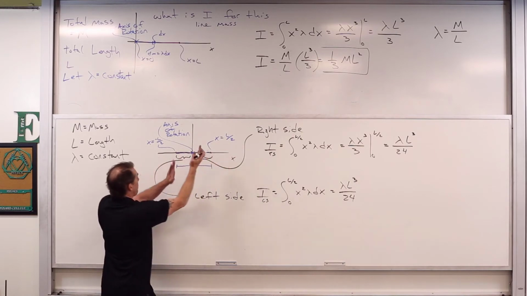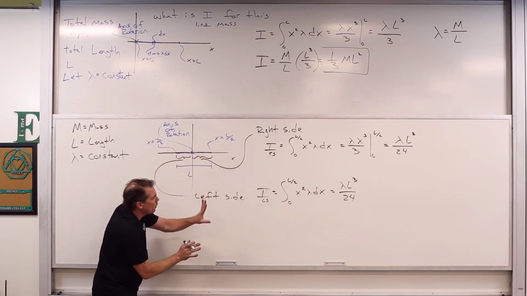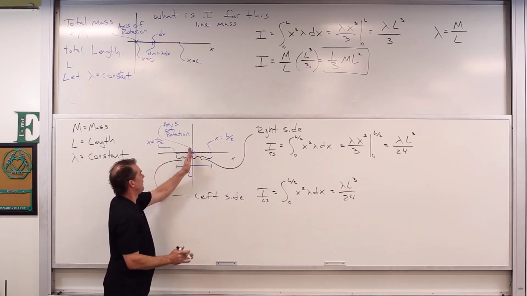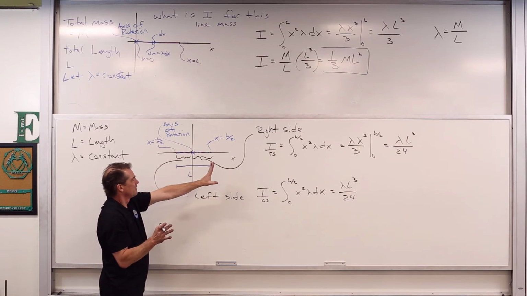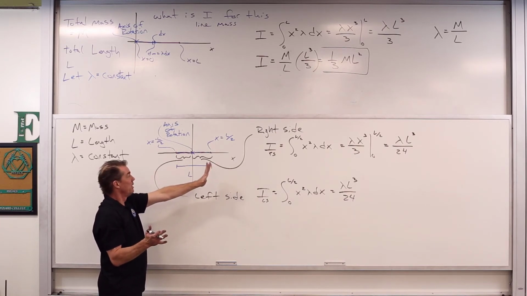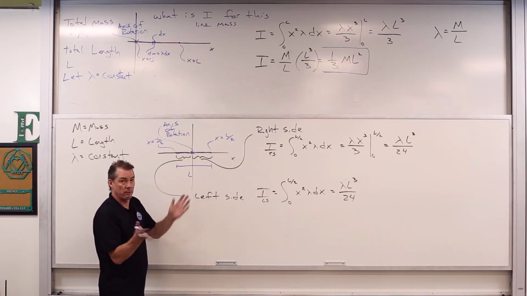Because we broke this up into even segments, we get equal moments of inertia relative to the center on either side. But really, we want the total moment of inertia. The total moment of inertia is going to be both of these joined together.